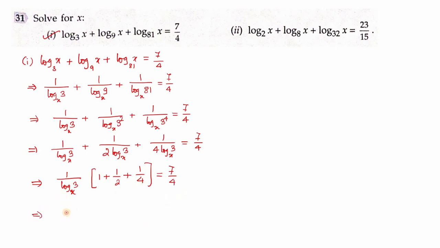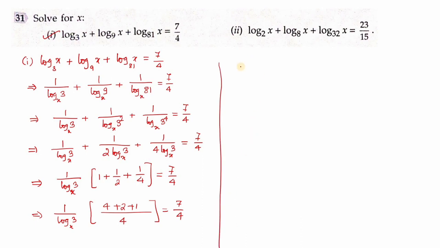So 1 by log 3 at the base x. Let's take the LCM here. LCM is 4. So it's going to be 4 plus 2 plus 1 is equal to 7 by 4. Let me do the rest of the work here.